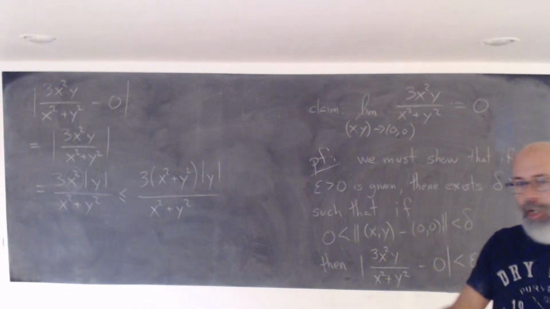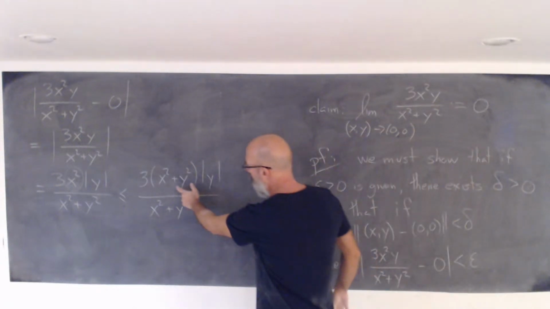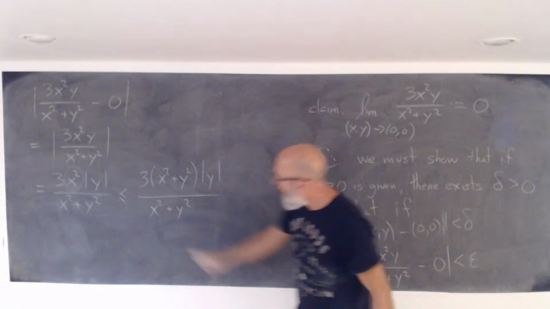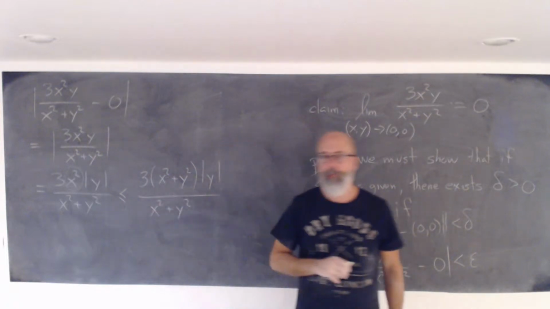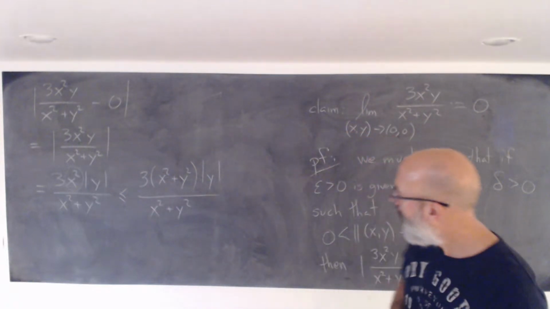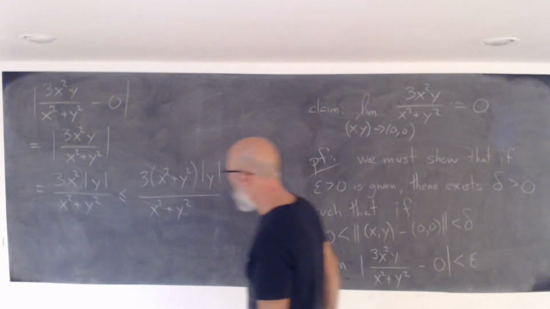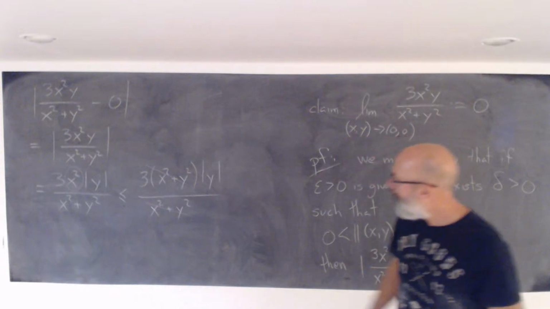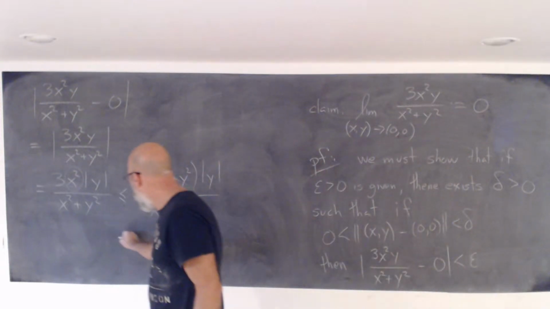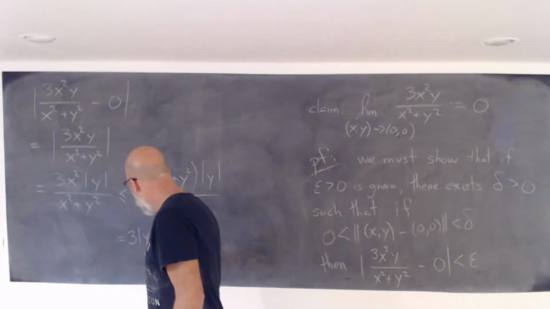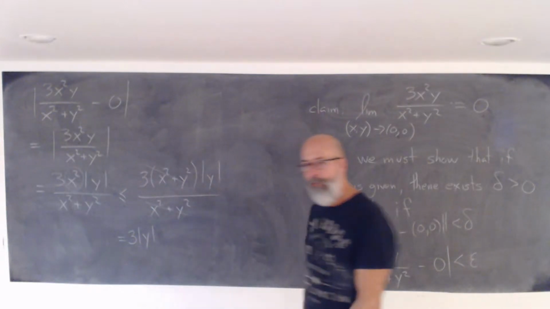I'm adding something that is bigger than or equal to 0, so I'm making the whole thing bigger. And now, wouldn't you know it, now you can cancel, leaving you with 3 times the absolute value of y.